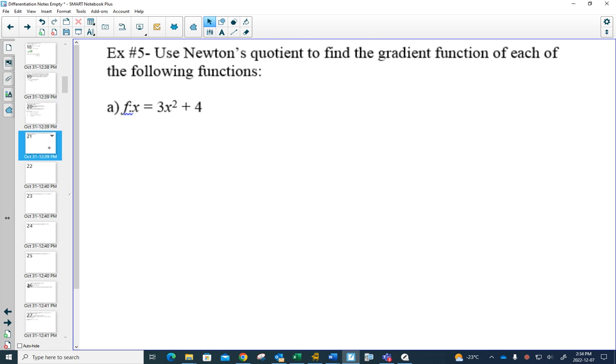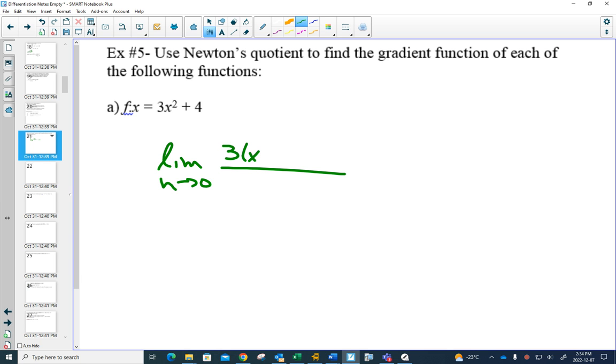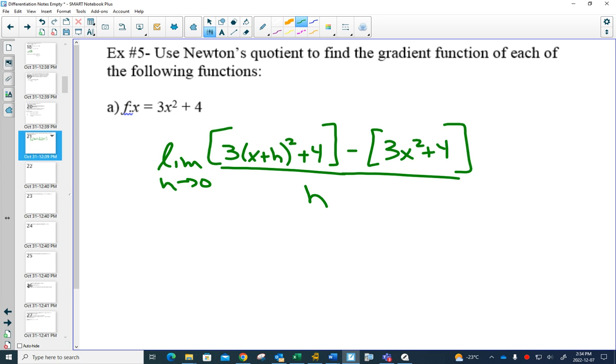And we did this one, and did the limit as h went to 0, and we plugged in f of x plus h, subtract f of x, divided by h.